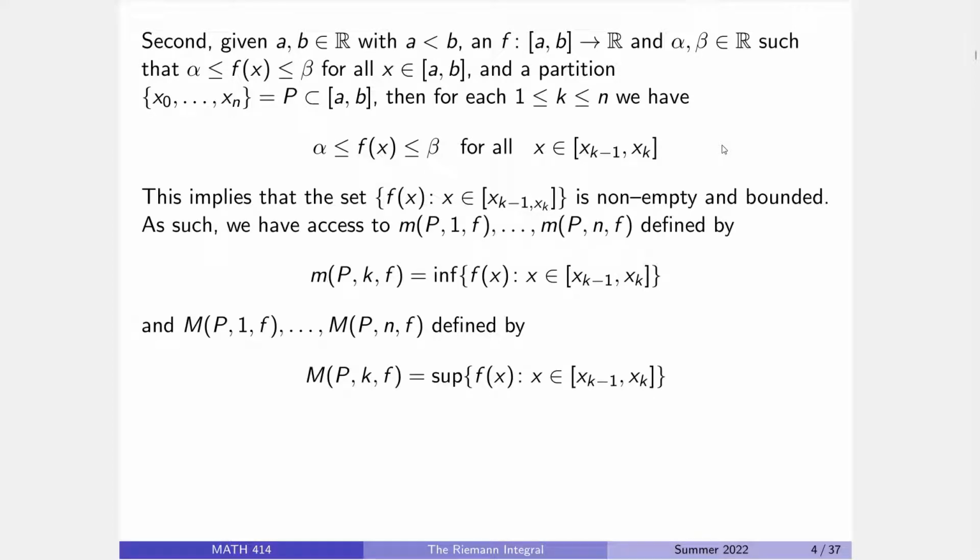Okay. So, given any partition and any function that has a lower bound of alpha and an upper bound of beta, we always have access to this infimum and this supremum for each subinterval, and the horribly bulky notation that I'm going to use is this. Your textbook just calls m sub k and capital M sub k, but it obscures the partition and the function, so I don't like that.